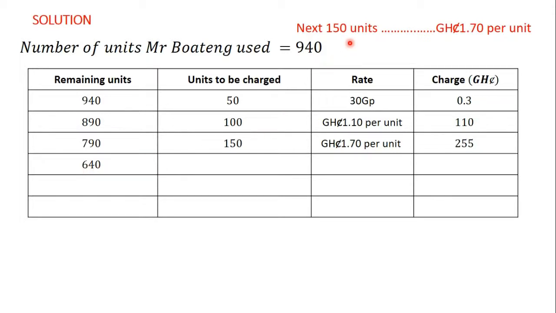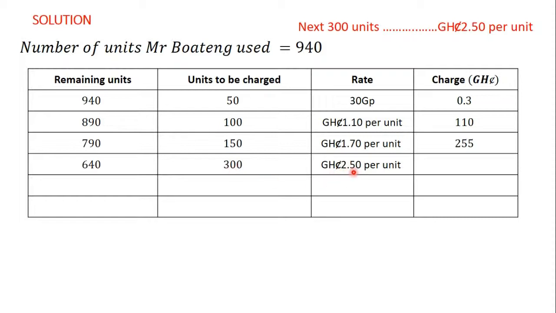From the table in the question, the next group is the next 300 units, and the rate is 2 Ghana cedis 50 pesos per unit. So it means that the units to be charged is 300. The rate is 2 Ghana cedis 50 pesos per unit. So if the rate is 2 Ghana cedis 50 pesos per unit, and we have 300 units, then the charge is going to be 2 Ghana cedis 50 pesos times 300.